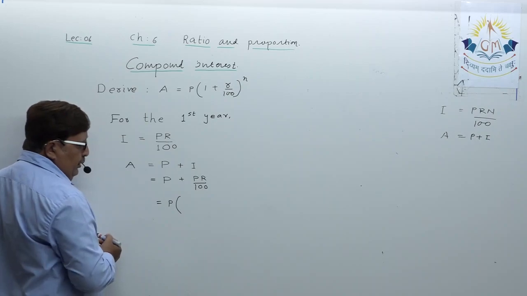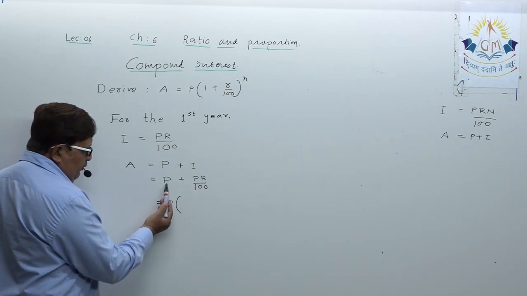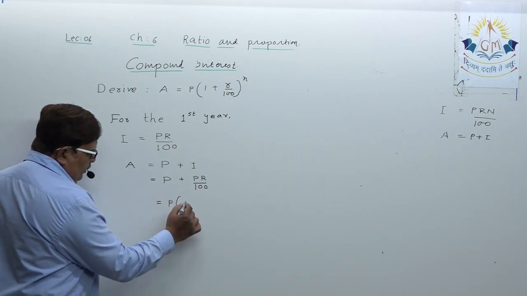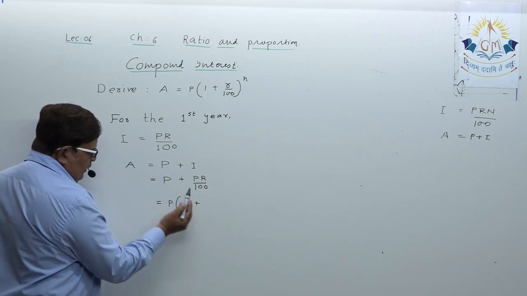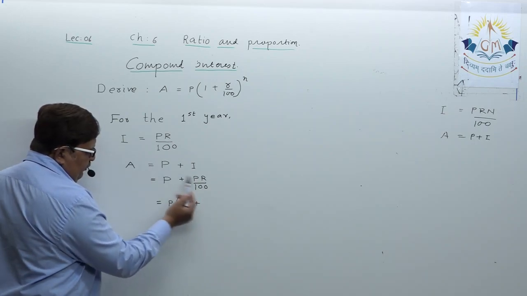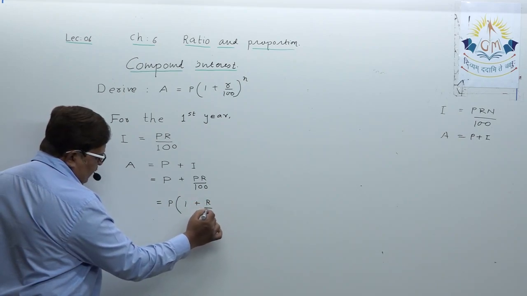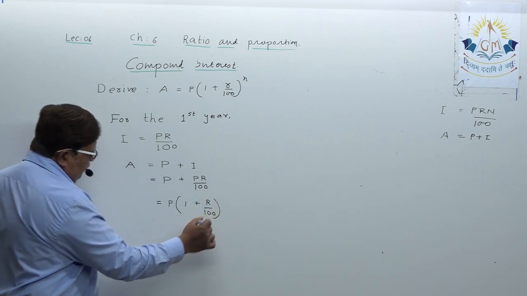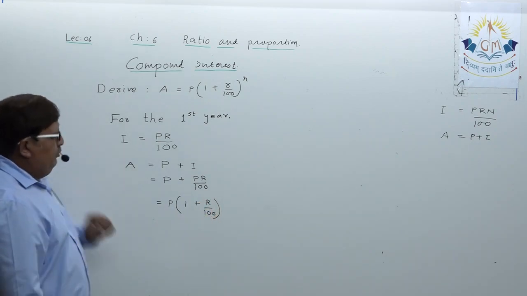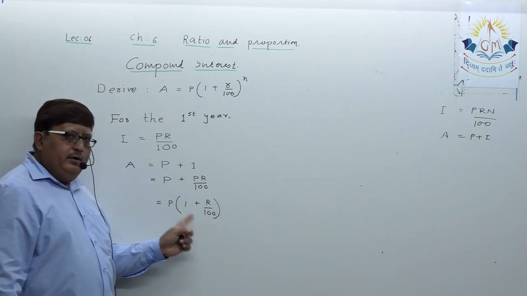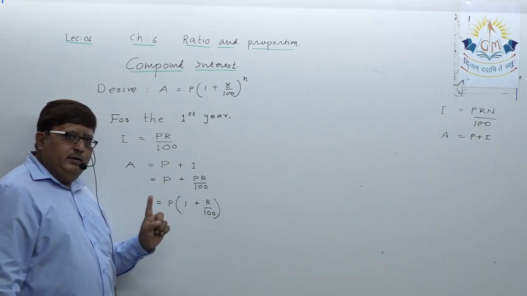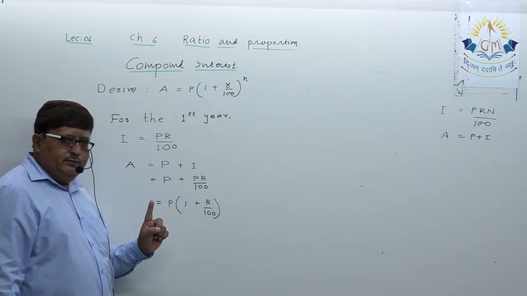Can you tell me what is left here? 1. From here P is taken out common. What is left here? R upon 100. So this is the amount at the end of the first year.